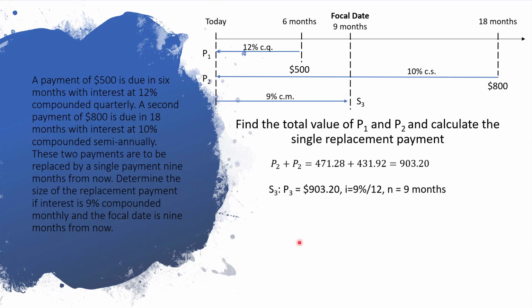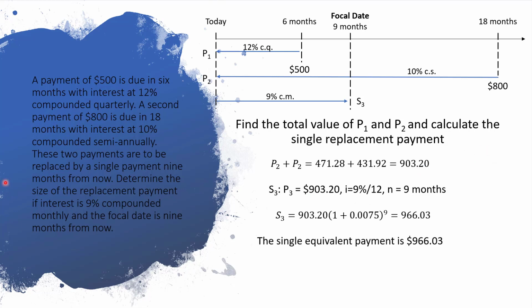So I want to find out what the value of $903.20 is in 9 months, or S3, on the focal date. So I take the new interest rate, 9% compounded monthly. The time is in months, so N is 9 months. The present value is $903.20. I do the calculation, and I find out my single equivalent payment is $966.03.